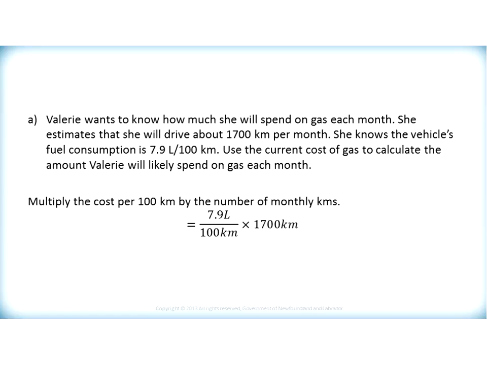To do that, we multiply the consumption by the number of kilometers that are driven. So 7.9 liters per 100 kilometers times 1,700 kilometers gives us a total of 134.3 liters, so about 134 liters are used every month.